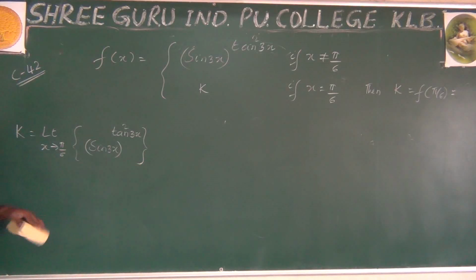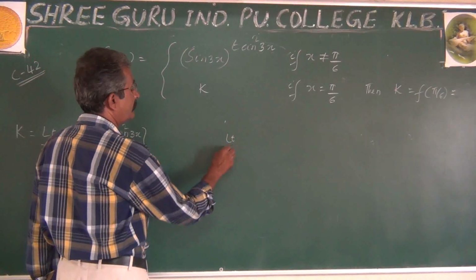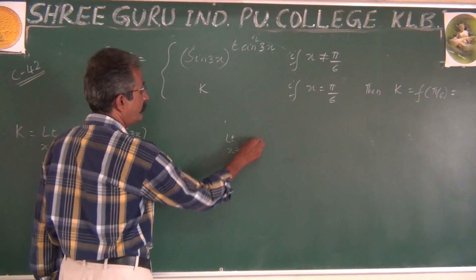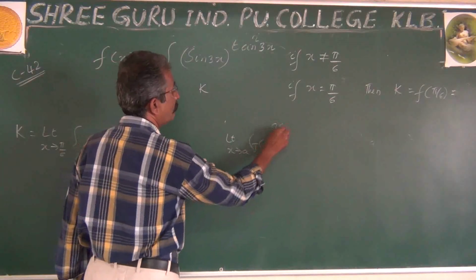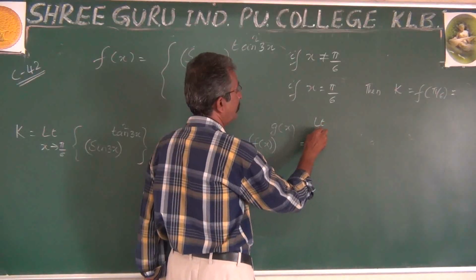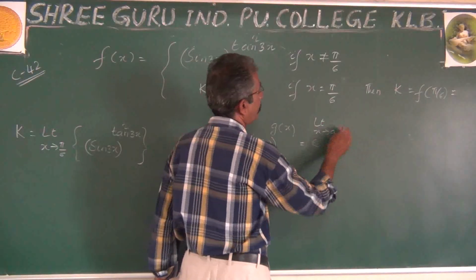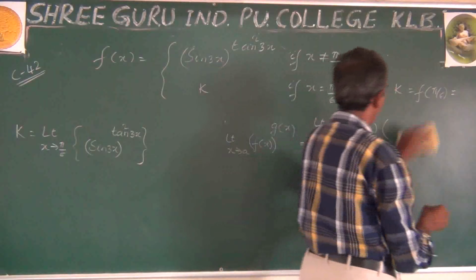Yesterday, in last class, I gave one shortcut method like this: limit extending to a of f of x to the power of g of x is defined by the formula e power limit extending to a of bracket g of x multiplied by f of x minus 1.